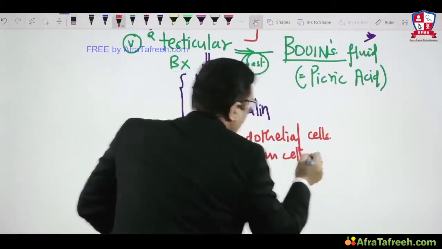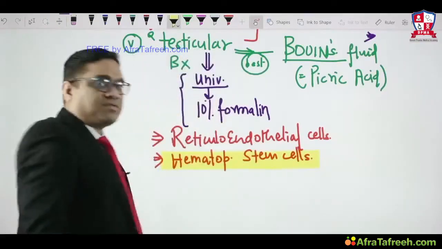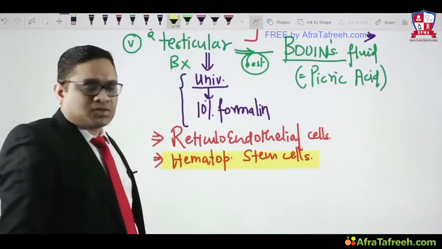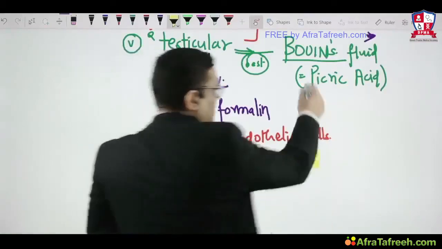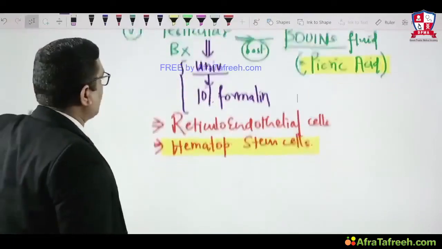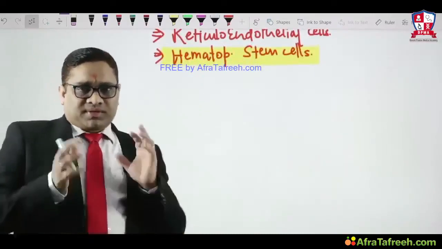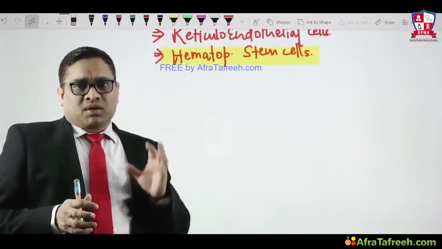This was a question in the DNB exam 2015: for hematopoietic stem cells, which of the following will be the best fixative? The best fixative will be picric acid, right? So these are the important points about fixatives. That is why I wanted to tell you that fixatives are very important questions nowadays.